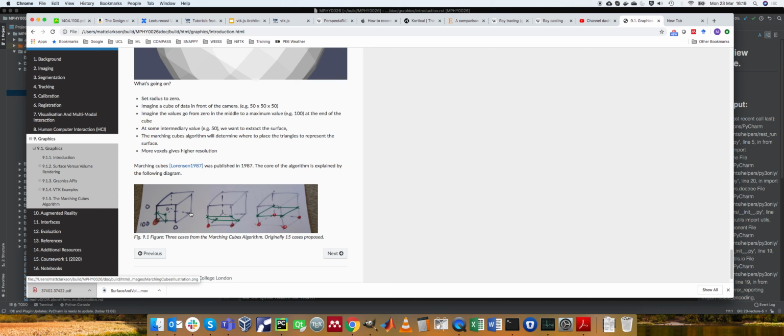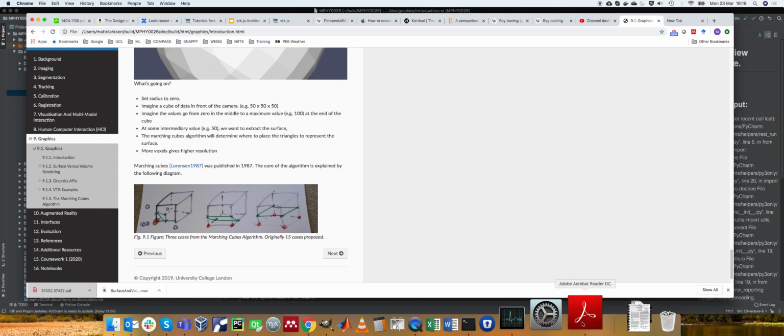If you want, you can go and draw them all. Don't forget, however, it's not every combination, because if you work on the basis of reflection or rotational symmetry, you can reduce the size of your lookup table. But essentially, there are a certain number of cases.